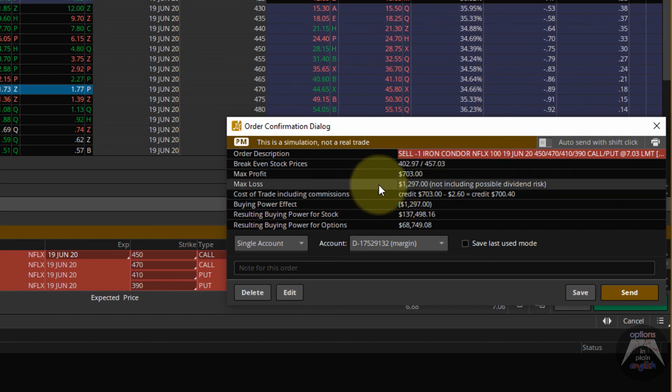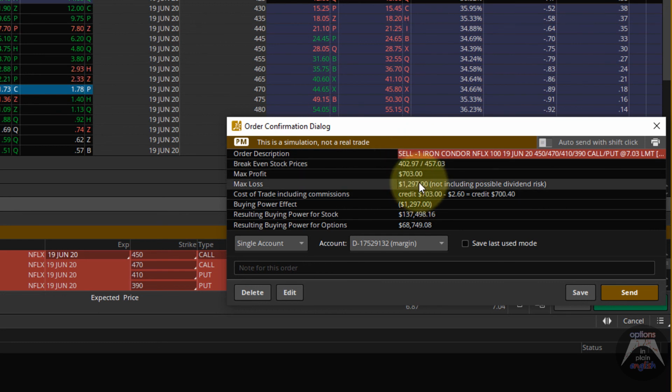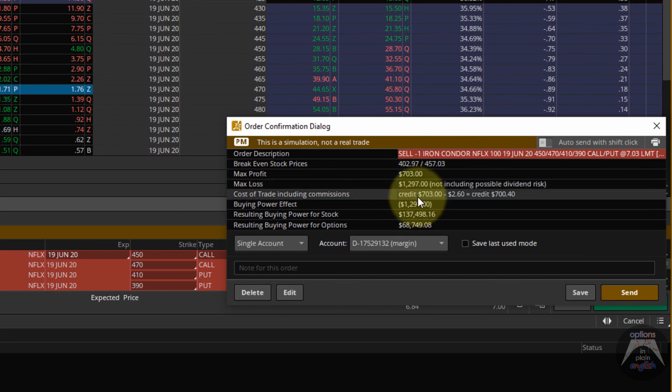So my max loss is the one that's going to drive my buying power reduction. I'm going to be margined for $2,000, but I'm going to receive $703. So altogether, we'd be talking about the same as having the max loss be my buying power reduction. Okay, so this is a big difference.